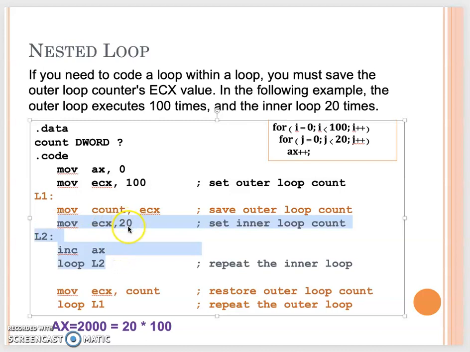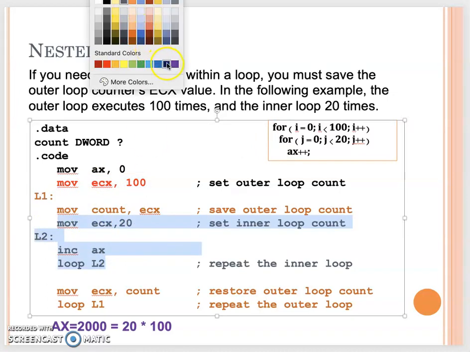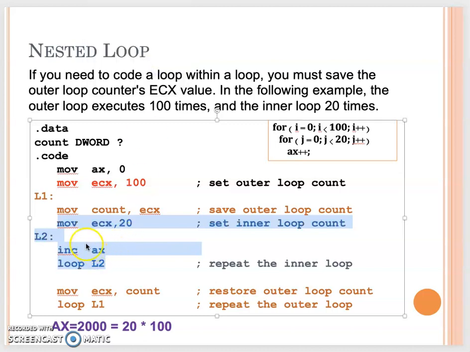So that's why I need to move 20 to ECX. But the problem is what? You already moved ECX equal to 100. You want to do 100 times in the outer loop. But each iteration of the outer loop will also have the inner loop to do, right? So you still need to use the ECX.